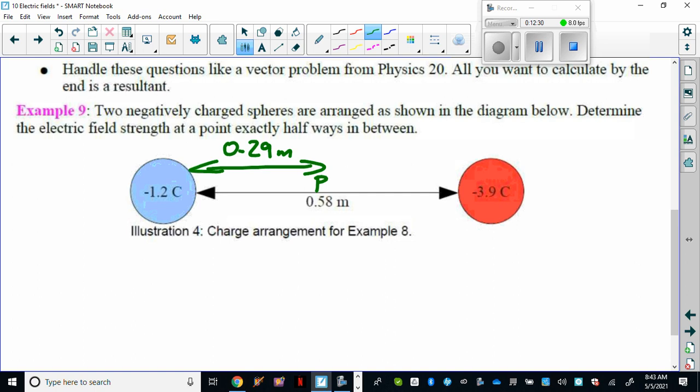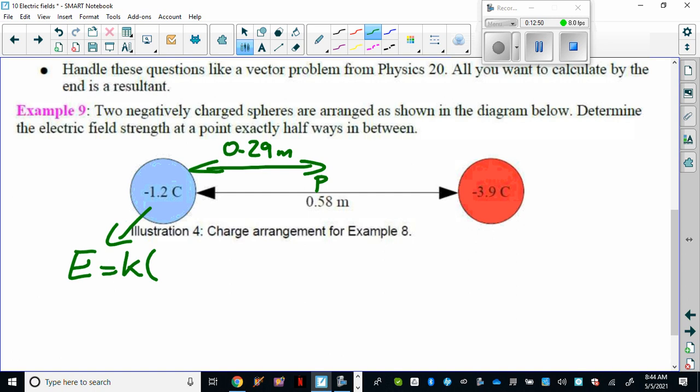And what we're going to do is calculate the electric field strength created by each object and then add them vectorially. So let's start with this guy here. The electric field strength created by that guy is going to be K. I'm going to get lazy here.